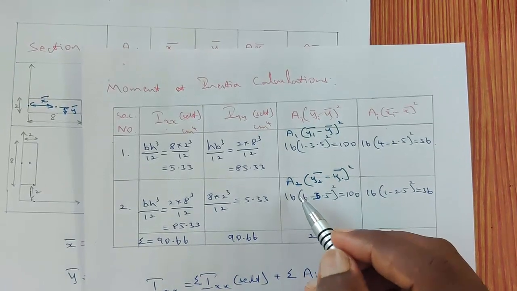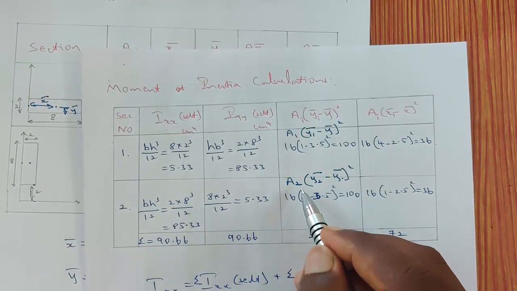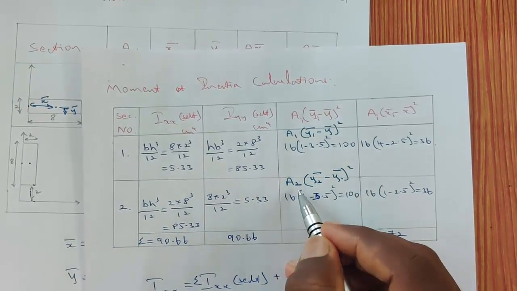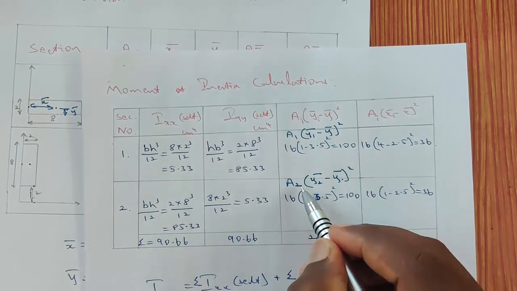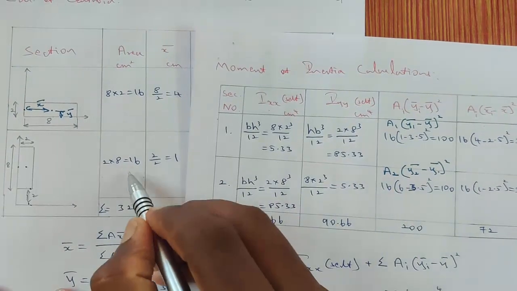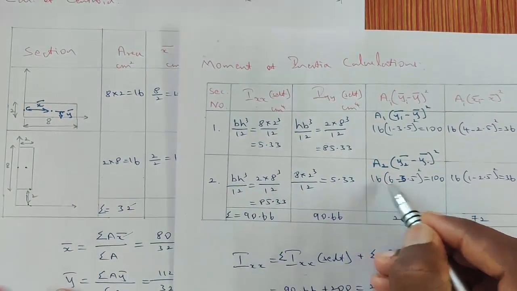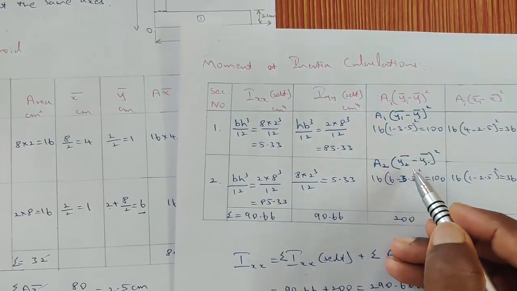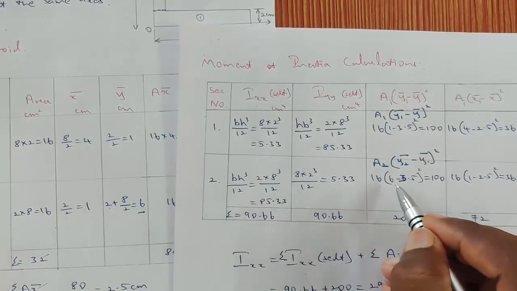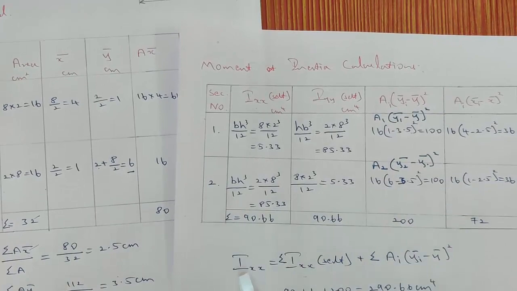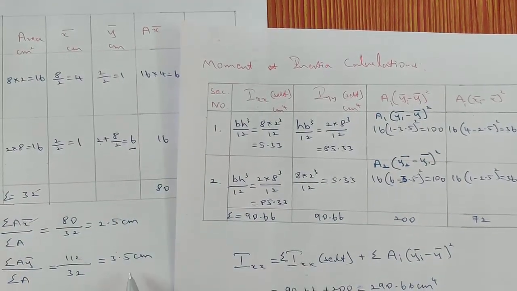Then here A is A2 since we are calculating for section number 2. It is A2 times Y2 bar minus Y bar the whole square. A2 is the area of section number 2, it is 16, and Y2 bar is the y bar value of section number 2. This is 6, and the Y bar value is again the same, 3.5 centimeter.